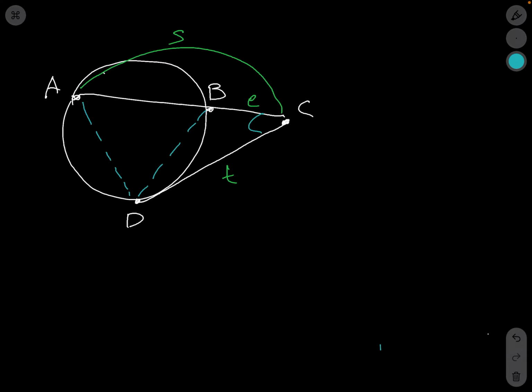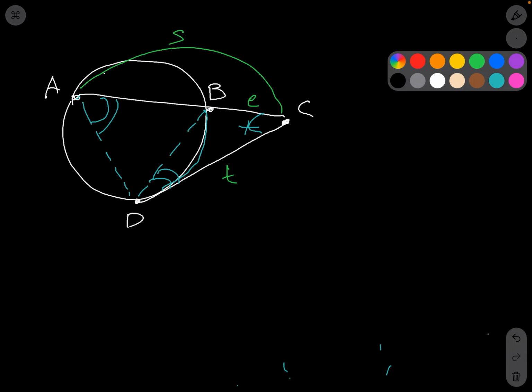These two triangles share a common angle, angle C. So we have one angle now, and we can say this angle over here is congruent to this angle because angle BDC is half the measure of arc BD because it's a tangent-chord angle. If you don't already know that, you should learn about it. And angle BAD is half the measure of arc BD for the same reason, because it's an inscribed angle. And if you do not already know that, you should learn about it too.